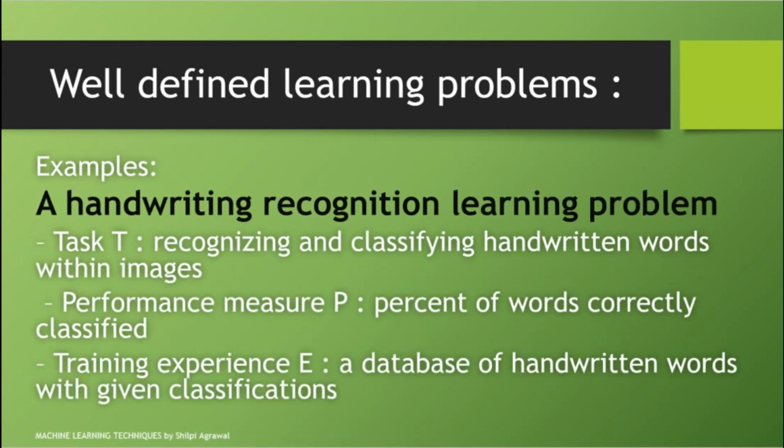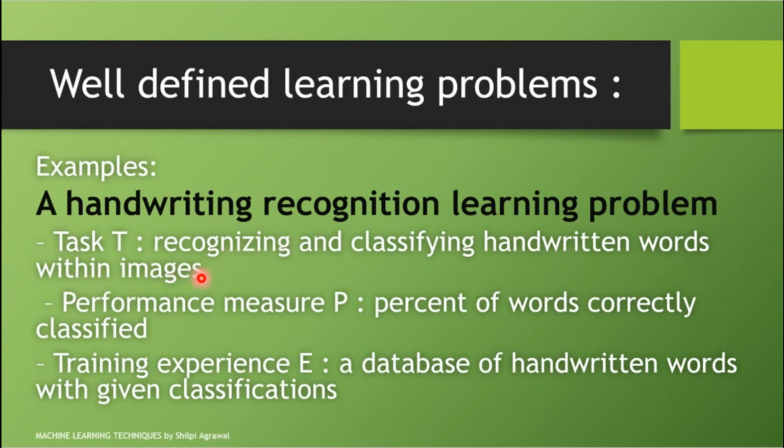Next one is the handwriting recognition learning problem. In this case, task T is recognizing and classifying handwritten words within images.